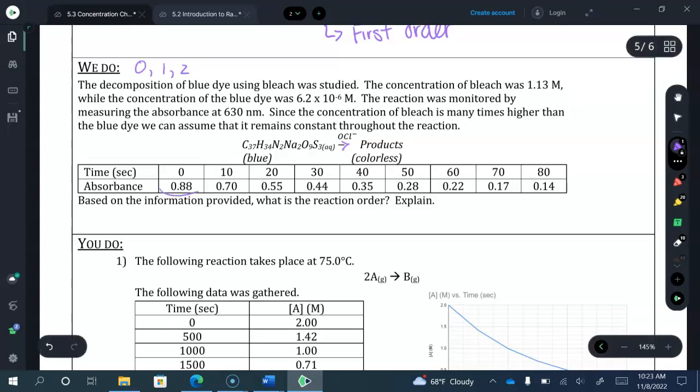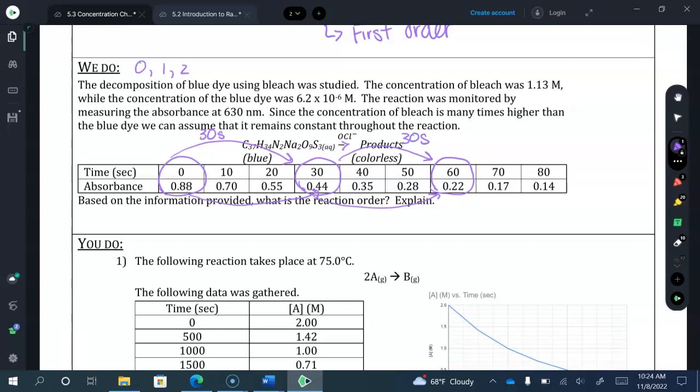So if I look at the half-life, so my amount when it halves here, okay, so that is a half-life of 30 seconds. Then I'm going to look at 0.44 halved again, which is here. So there's another half. And then I'm going to check, how does the half-life change, or does it? And I see that here it is 30 seconds, and then 30 to 60 is another 30 seconds. So since my half-life is constant, my reaction order is first order.